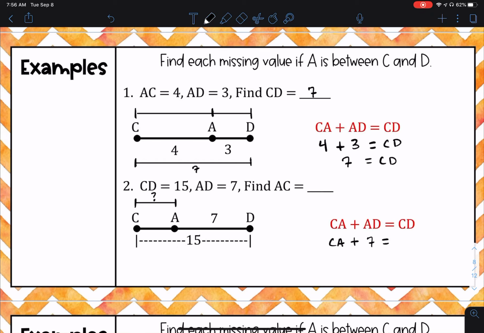So then for CD, I can put 15. Now we treat it kind of like an algebra problem. We have to solve for CA. So I would subtract 7 from both sides. And I would get CA is equal to 8.